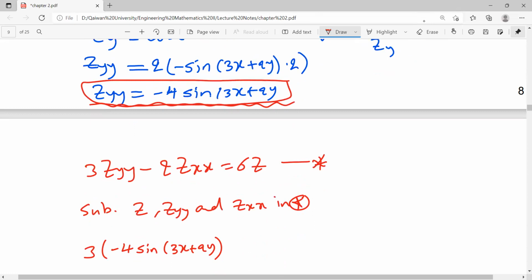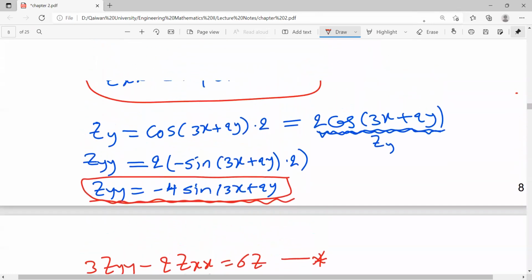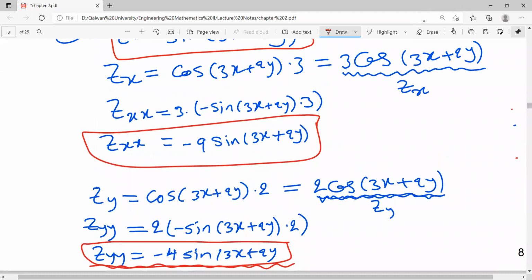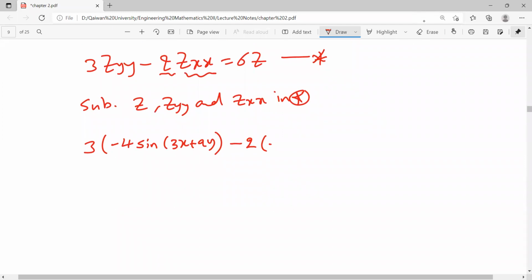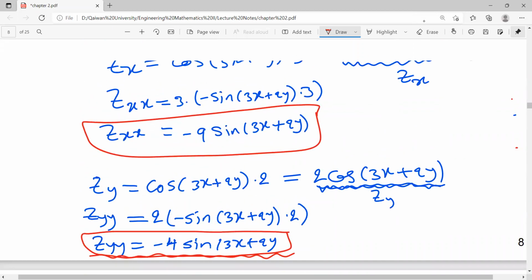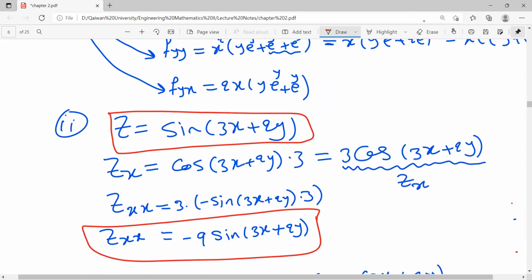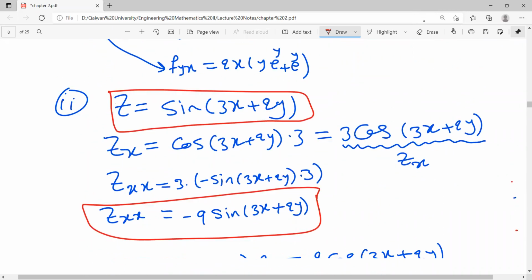Then minus 2 times z sub xx. z sub xx is minus 9 sine 3x plus 2y. Minus 9 sine 3x plus 2y equals 6 times z. And z is sine 3x plus 2y. That's z.